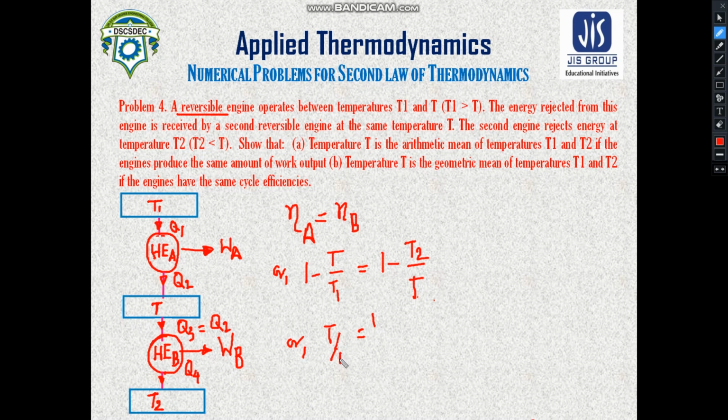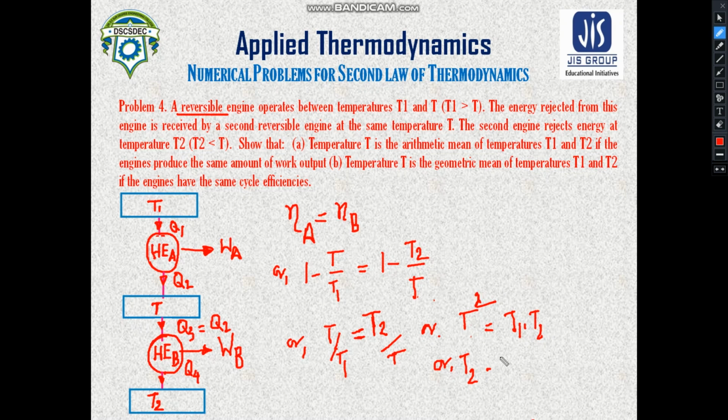So it would be T by T1 is equal to T2 by T. Sorry, there is no need of 1 because I am just clearing it all. So here you can see T square becomes T1 into T2. Please check this again.